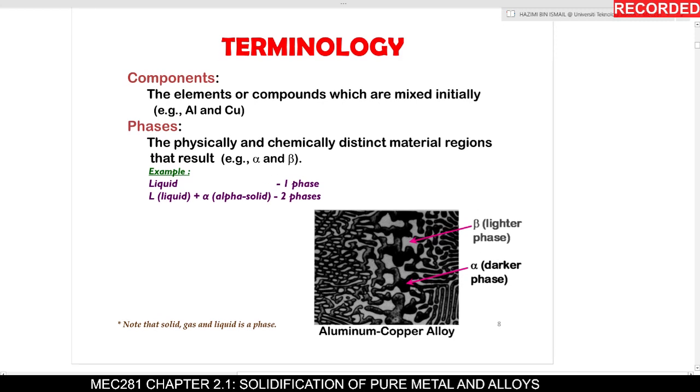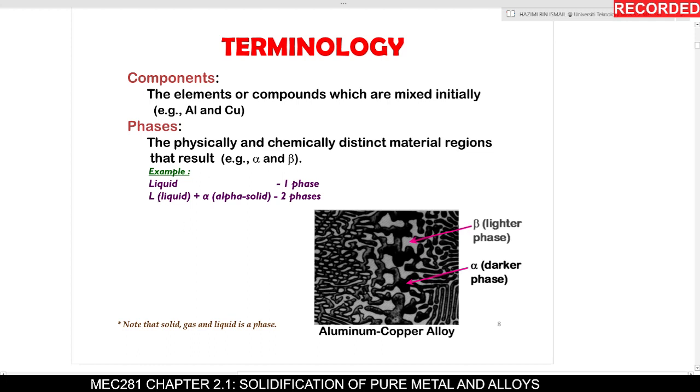Okay, so under the microscope here we have different regions where alpha here is represented by the darker phase and the beta phase here is the lighter phase. So as example, let's say you have a liquid only, so it only has one phase.